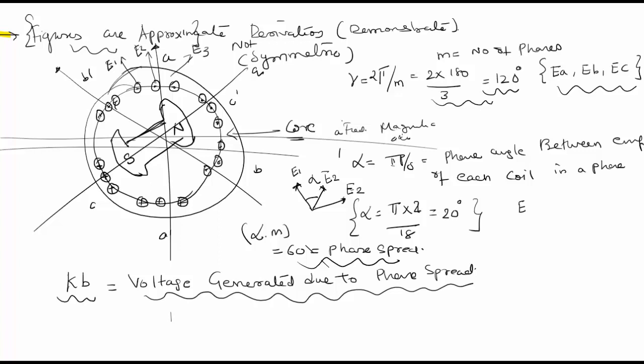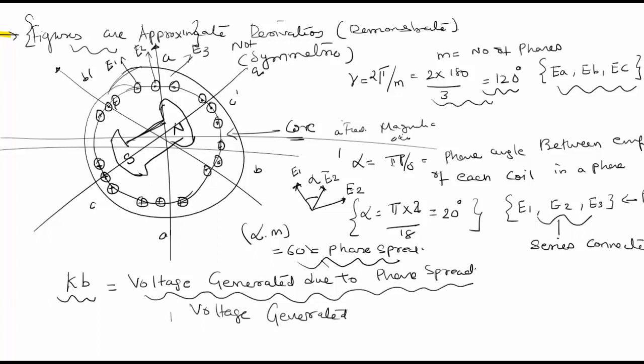It is assumed that the voltages generated in E1, E2 and E3 in this case, for phase A, are connected in series, divided by the voltage generated if there was no phase spread.